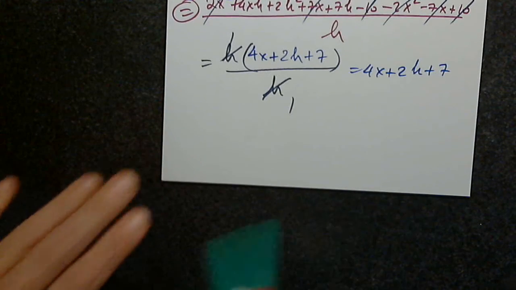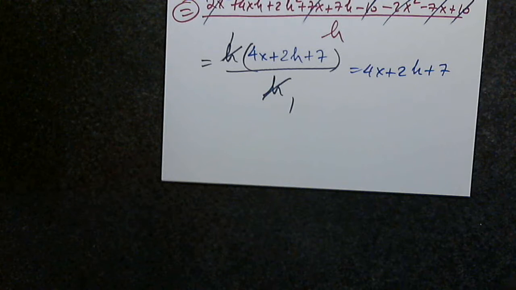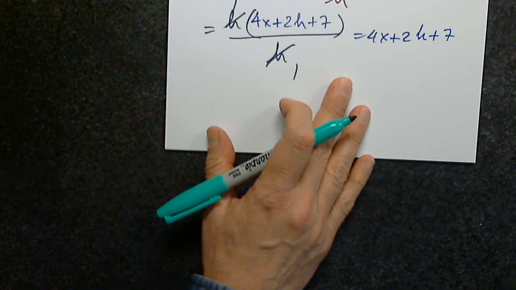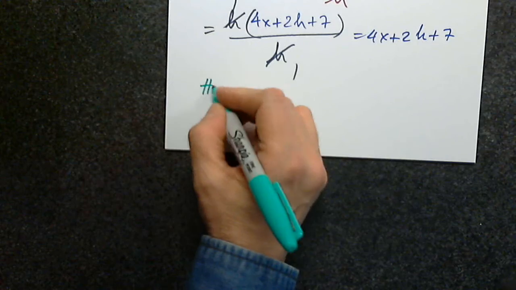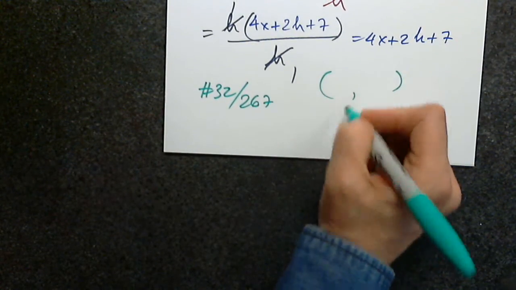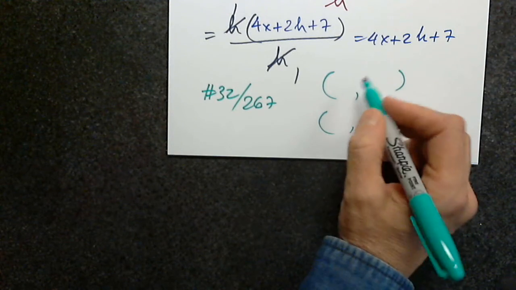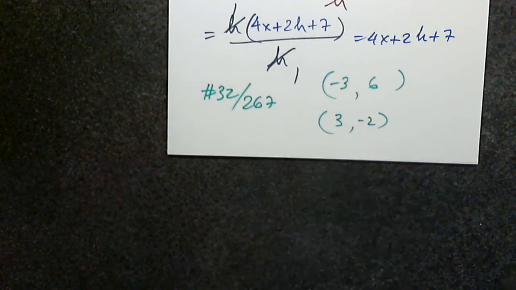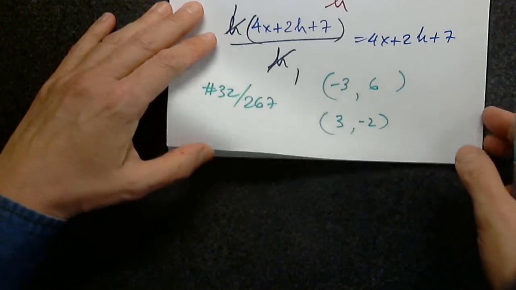Okay, so let's go back to page 267. And let's choose, let's say, problem 32, again on 267. We are given 2 points, and one is negative 3, 6, and the other one is 3, negative 2. And they're asking us to find the equation passing through those points.